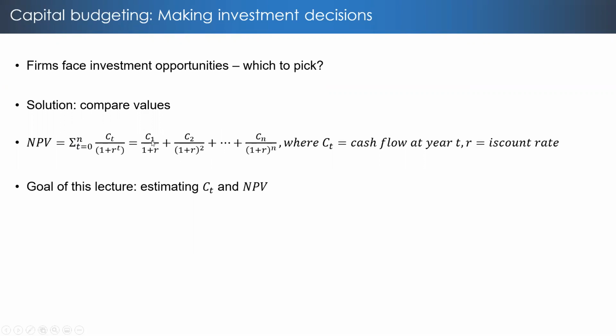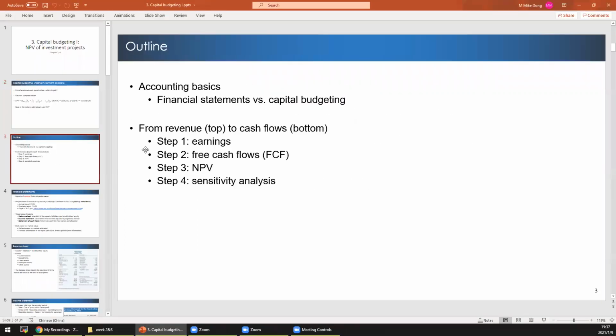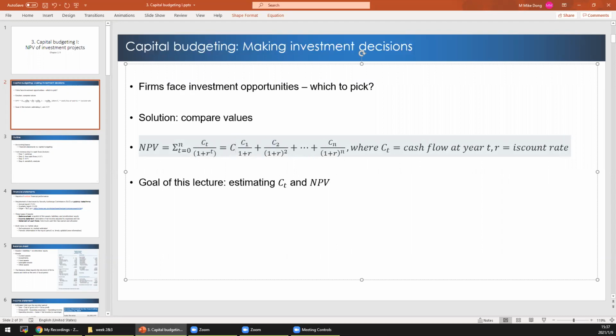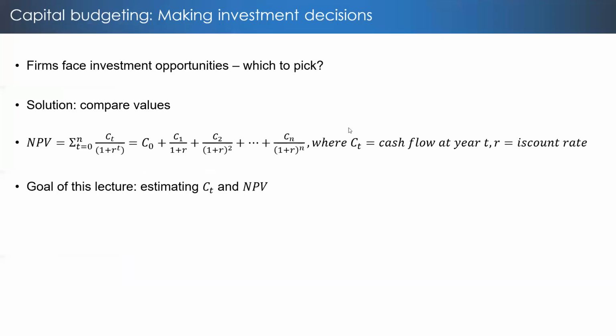We want to sum up C, starting from C0. Starting from C0, we want to sum up the present value of all future cash flows: C0, C1, which is the cash flow we expect to receive at t equals 1.